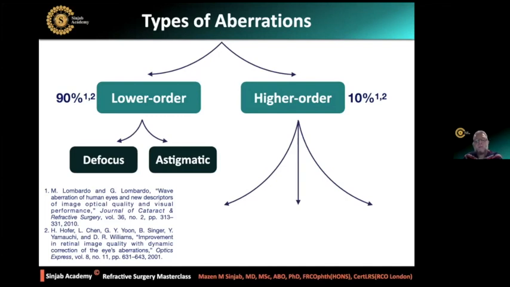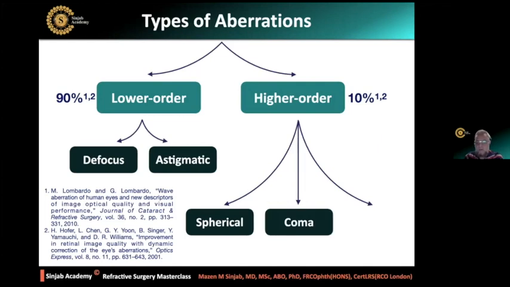There are so many, but there are 3 main, 3 cardinal, which are spherical aberration, coma, and trefoil, from which other aberrations are derived. We have to keep in mind that 90% of the aberrations in the normal eye are lower order aberrations, which means that they are associated with refractive errors, and only 10% are higher order aberrations.